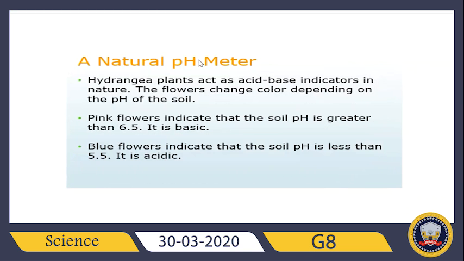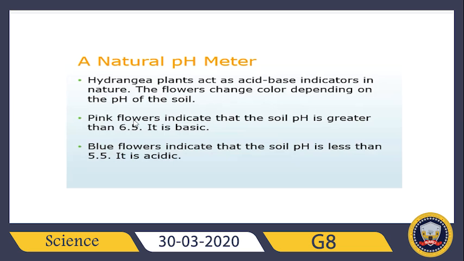So, a natural pH meter, guys. Here we have a kind of plant called hydrangea. Actually, it's a beautiful kind of plant and it's so interesting. Why? Because it acts as an acid-base indicator in nature. The hydrangea flowers change color depending on the pH of the soil.